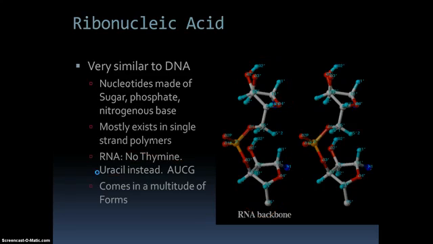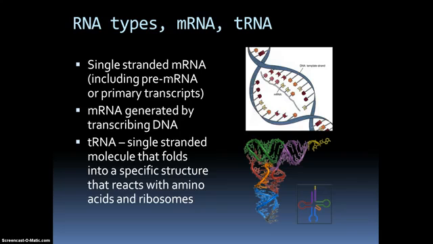Now, RNA, with all of these awesome and amazing traits that we've been talking about so far, comes in a multitude of forms. First thing we're going to talk about is what's known as mRNA, or messenger RNA. And this will make more sense later on, but it also includes pre-messenger RNA or primary transcripts. Messenger RNA is RNA that's generated when DNA is transcribed. You can see this over here. Here you've got a DNA strand, and right here, a strand of RNA is being built.